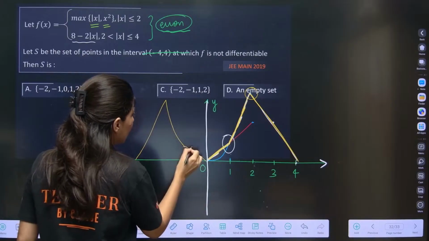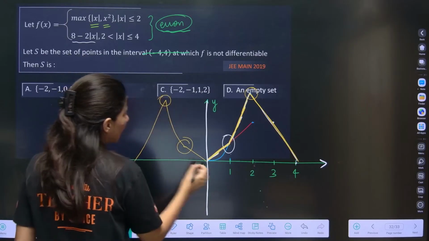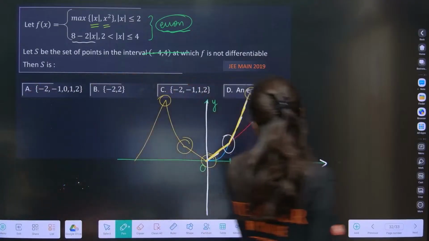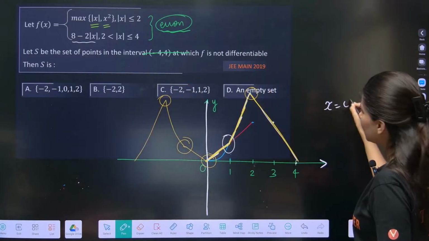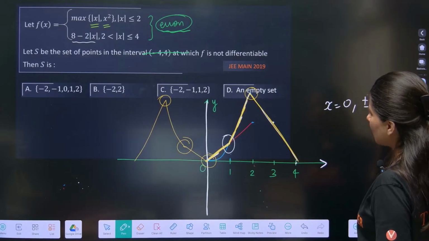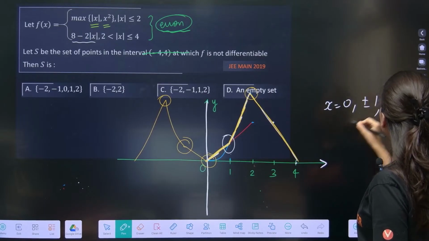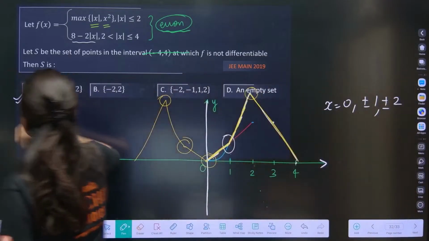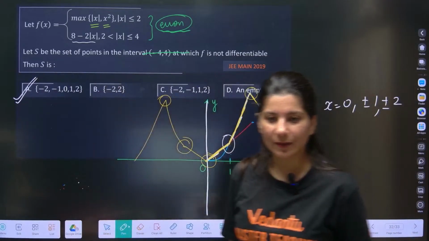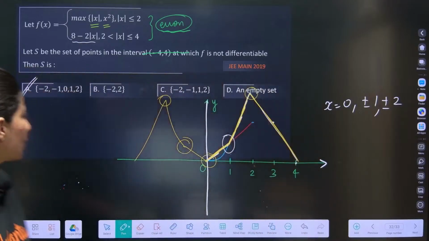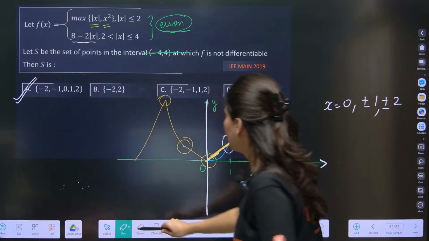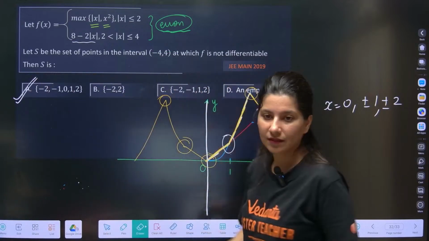So can you see that there is one sharp corner, second sharp corner? This is also a sharp corner. So how many sharp corners? Tell me. x is equals to 0, plus minus 1, plus minus 2. Okay, so 0, plus minus 1, plus minus 2. Option A is absolutely correct. Option A, right? F is non-differentiable.